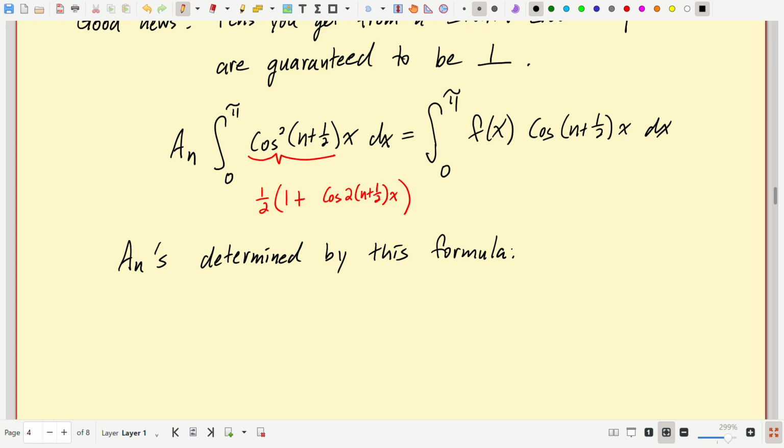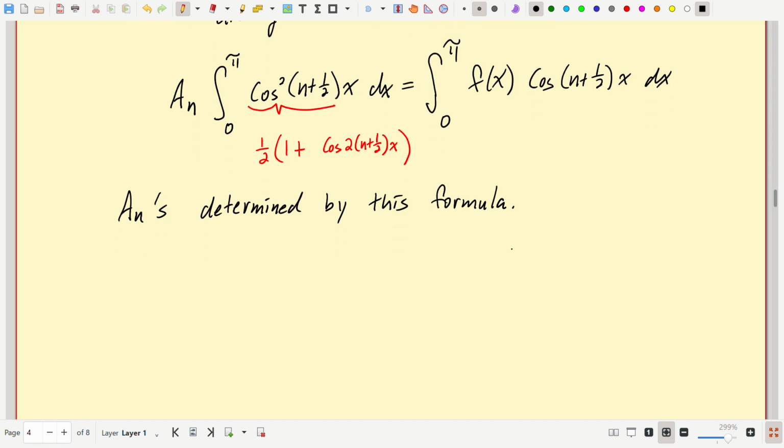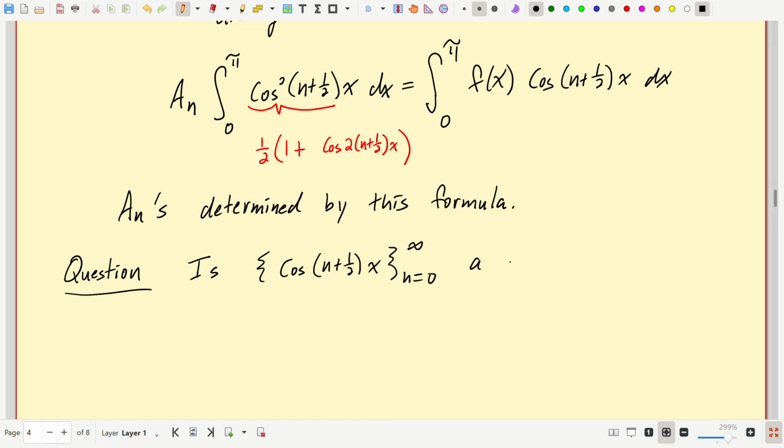An interesting question is, is that a complete orthogonal set? So if I take all those functions, cosine (n plus a half) x, as n goes from 0 to infinity, the word complete means when you have a Parseval's identity, it's an equality. So Bessel's inequality becomes an equality.